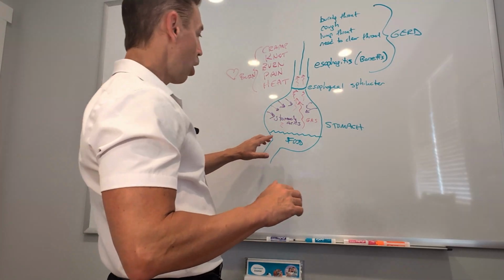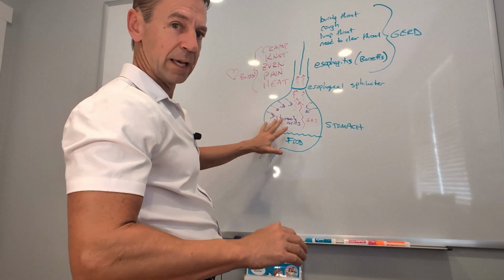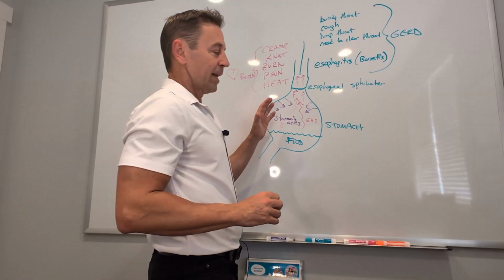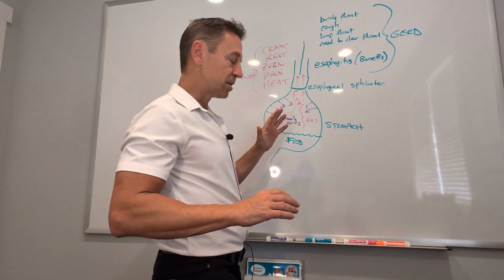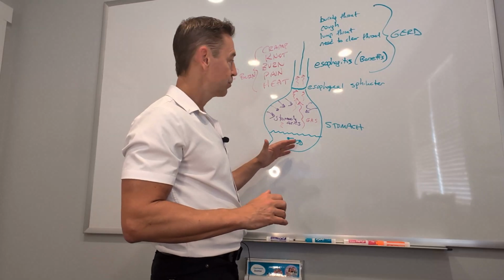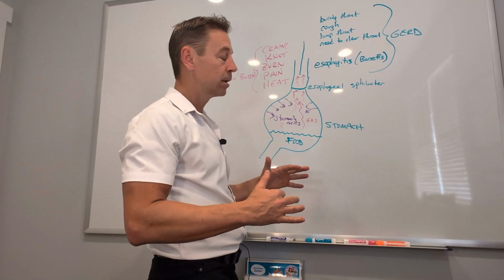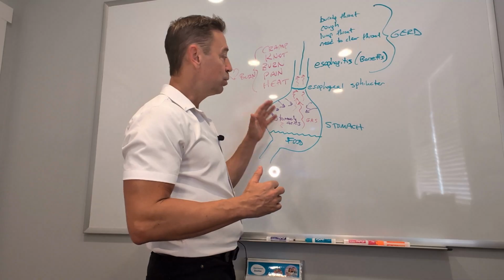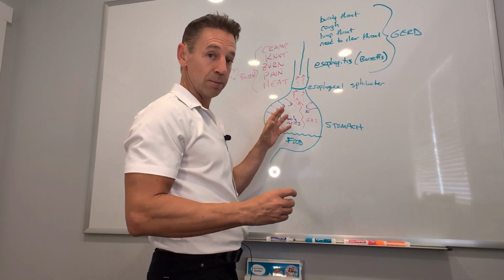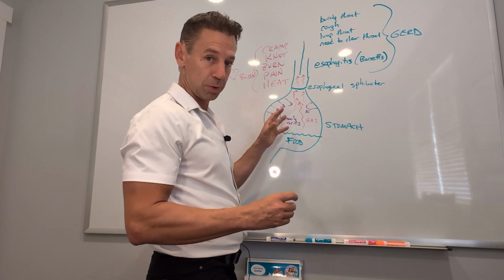So if you end up on a PPI, like pantoprazole or omeprazole, that's a stronger version of those Rolaids and Tums. It reduces your stomach acids, so that helps with the acid reflux. But the problem is you need those to digest. So you're fixing a problem and making a new problem.